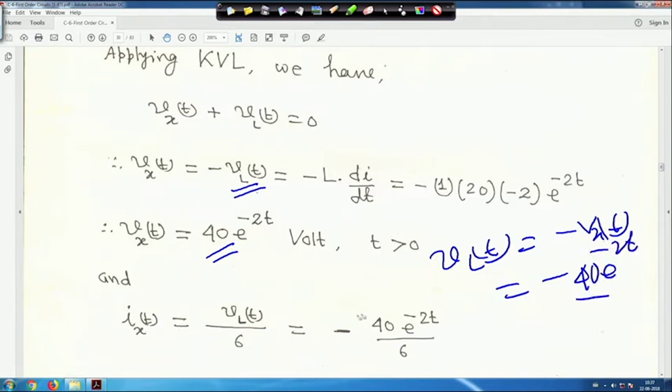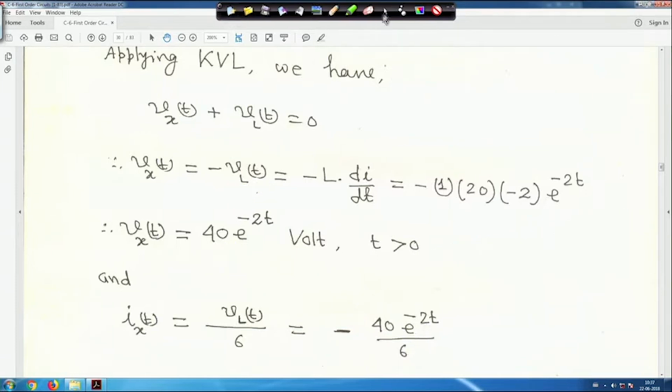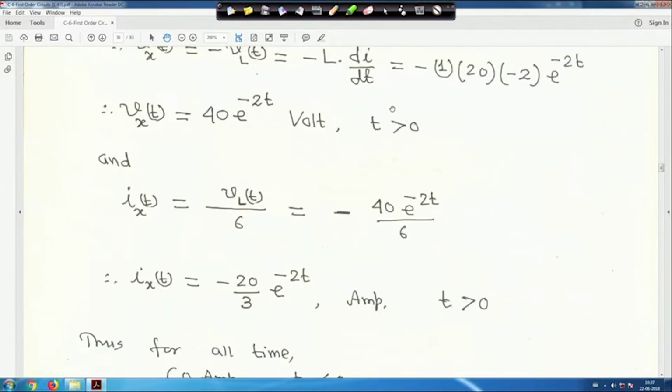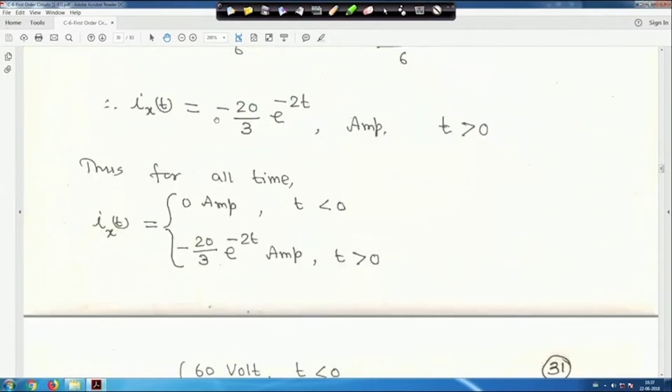That is why this minus sign is here. So minus 40 e to the power minus 2t upon 6. So Ix(t) is then minus 20 upon 3 e to the power minus 2t ampere.